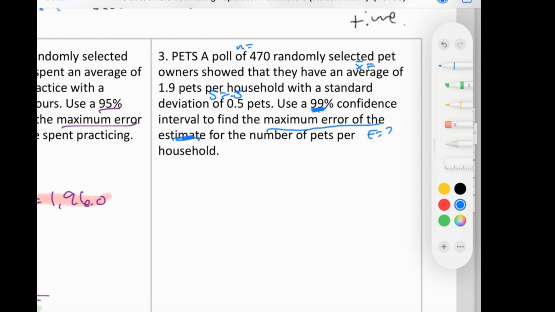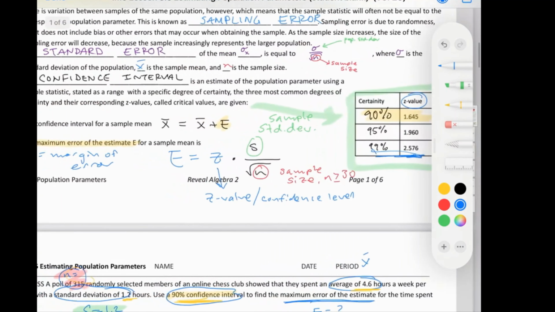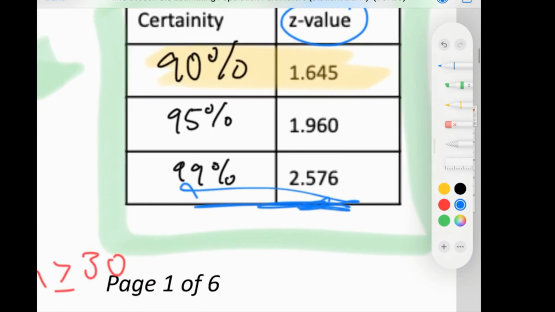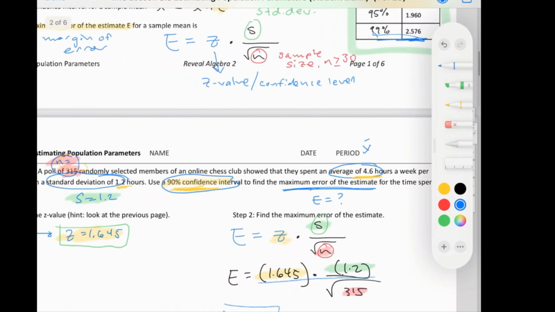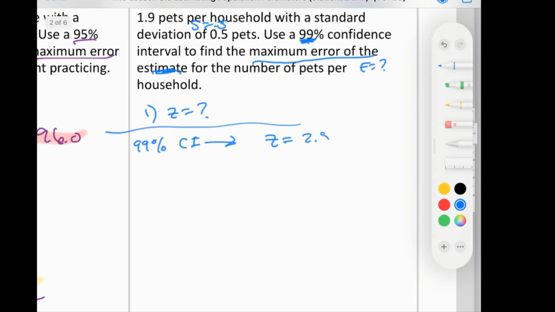The maximum error is the capital E. So just like the practice problem above, the first thing we're going to find is the Z. So a 99% confidence interval gives me that Z is equal to, just go back up to this chart, 2.576.